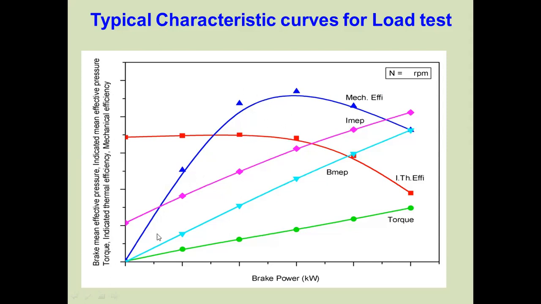For example, the mechanical efficiency gradually increases from low load conditions, but at full load the mechanical efficiency decreases. The indicated mean effective pressure gradually increases from low load, and at full load the indicated mean effective pressure, brake mean effective pressure, and torque also increase. But the indicated thermal efficiency is higher at low load and lower at full load conditions.